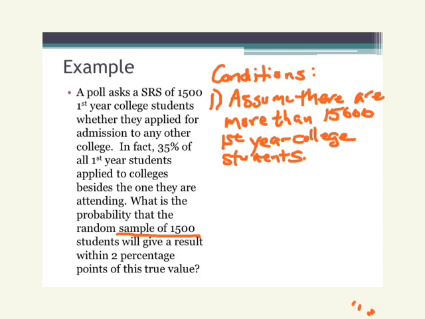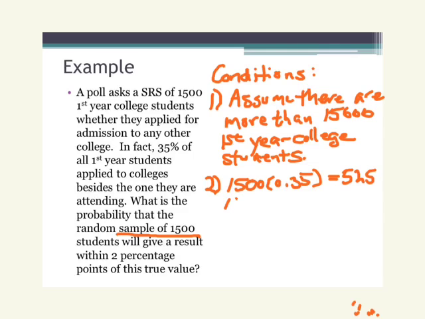Next thing we're going to do is check for normality, all right? We're going to make sure that a normal distribution is appropriate, all right? So to do that, we need to make sure that n times p and n times 1 minus p are both greater than or equal to 10, all right? So our n value is 1,500. Our p value is 0.35. This would be equal to 525, which is greater than or equal to 10, all right?